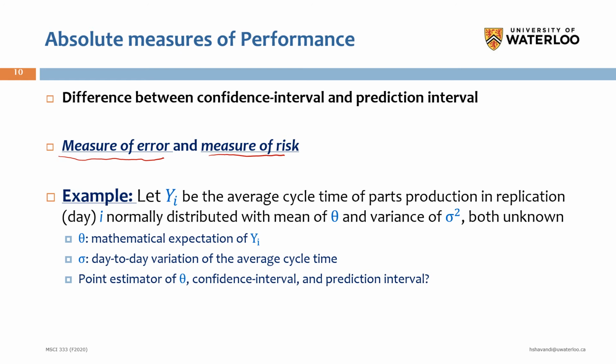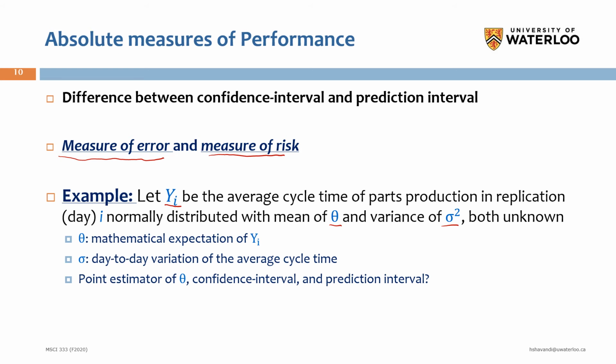So let's say Yi here is the average cycle time of parts production in replication, in a day i, okay? So we know that this average cycle time is distributed normally with the mean of theta and the variance of sigma squared, but they're unknown.